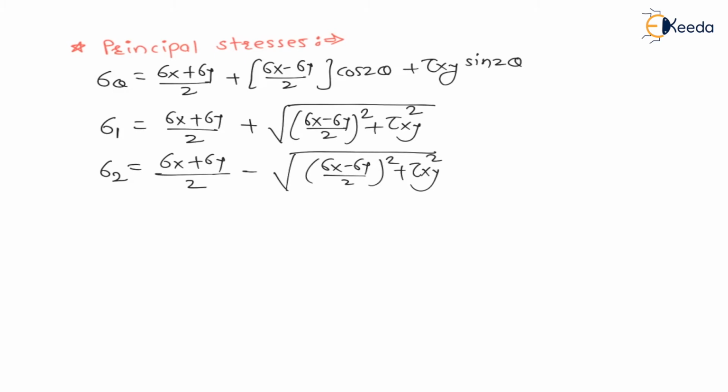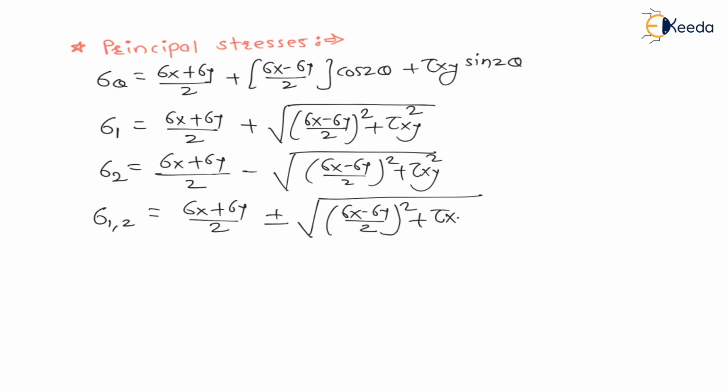Simply I can write sigma 1, 2 is equal to (sigma x plus sigma y)/2 plus or minus under root of ((sigma x minus sigma y)/2) whole square plus tau xy square. This is how simply I can write principal stresses.